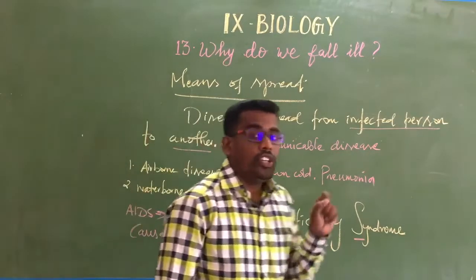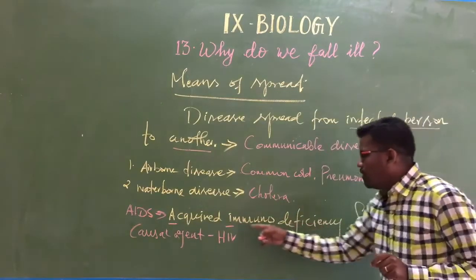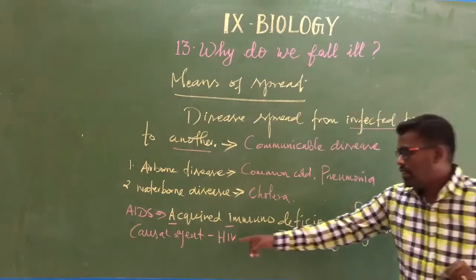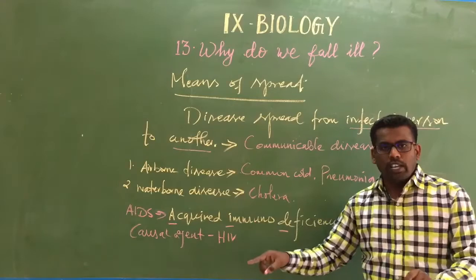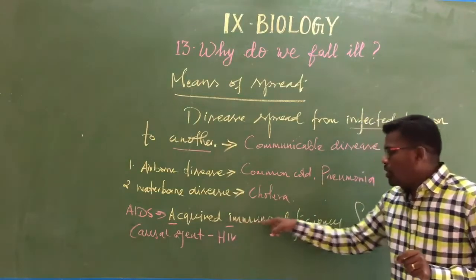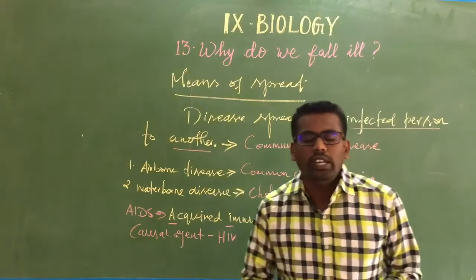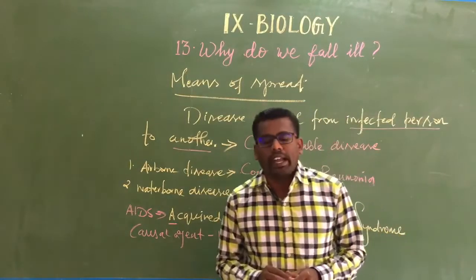Immuno means immune system, so there is a deficiency of the immune system. When the virus enters our body through sexual contact, it reduces our immune system. What is meant by immune system? Immune system means natural defense mechanism.